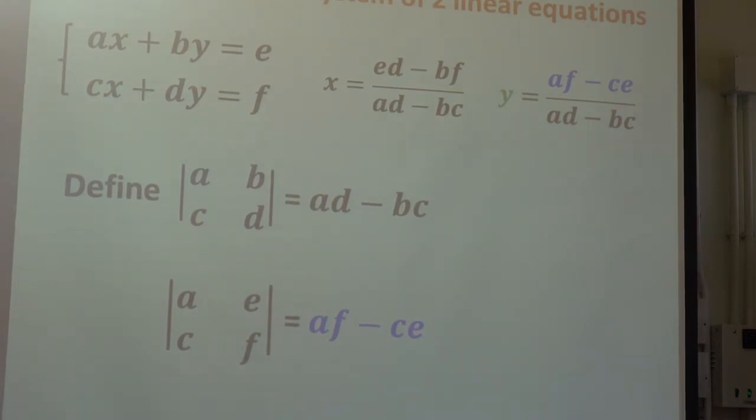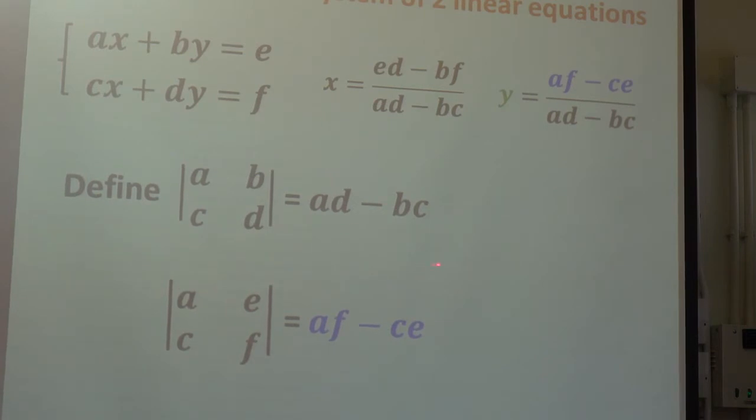So what you know from this moment is that there is a new symbol, just similar to absolute value, which we call the determinant, and that determinant involves 4 numbers inside. The actual meaning of this determinant is like an expression, right? Going down positive, going up negative.